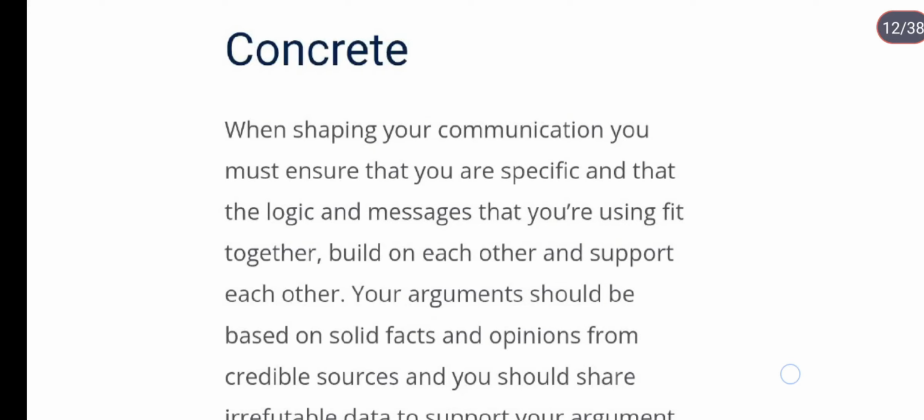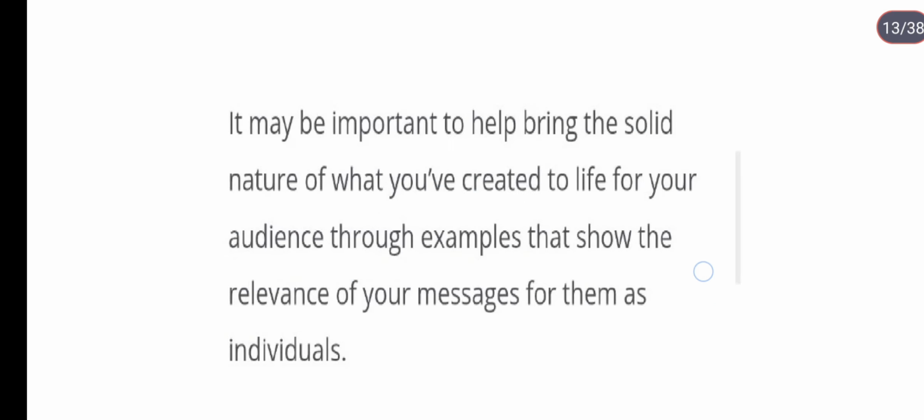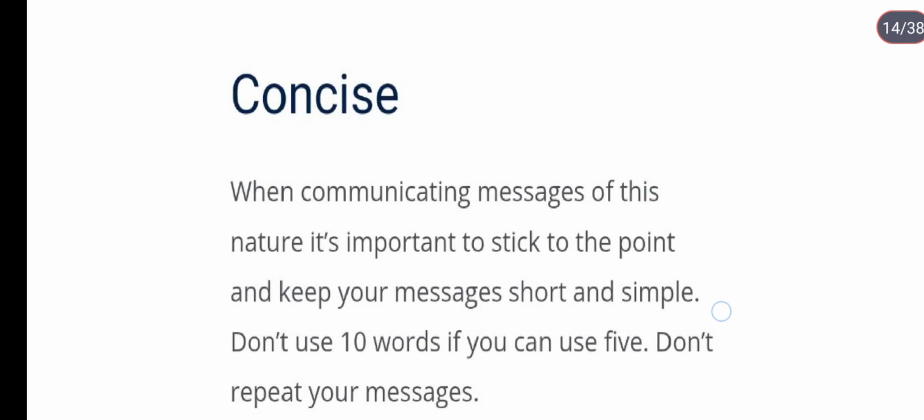Your arguments should be based on solid facts and opinions from sources, and they should support your message or your arguments. This helps bring solid nature and life to your audience. Examples help you deliver your proper message to your audience also.